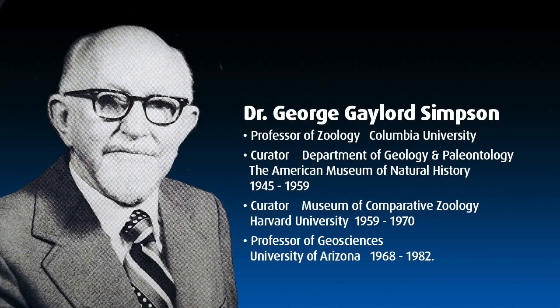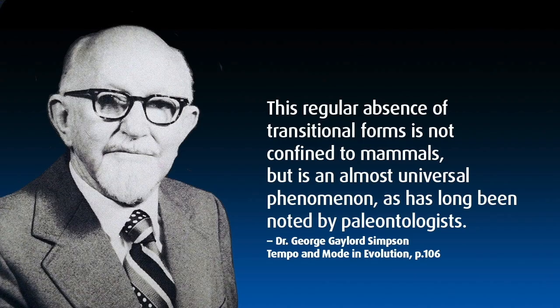He makes this admission: This regular absence of transitional forms is not confined to mammals, but is an almost universal phenomenon, as has long been noted by paleontologists. So the fossil record does not show evolution. It shows things suddenly appear. They either live to today or they die out, but they don't evolve from one thing to another. That's what the fossil record actually shows.